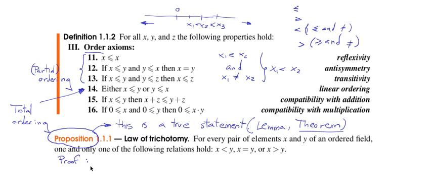Normally it would be a proof, and then a set of statements that use these properties to arrive at the conclusion. In this case the proof is really easy. If you use these axioms, you can get to it. So we're not going to deal with it.